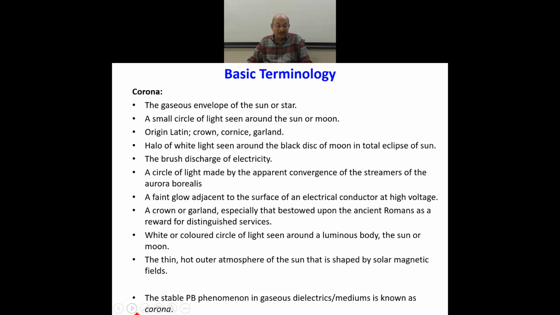Its origin in Latin is crown, or cornice, or garland. It is also known as the halo of white light seen around the black disk of the moon in a total solar eclipse.